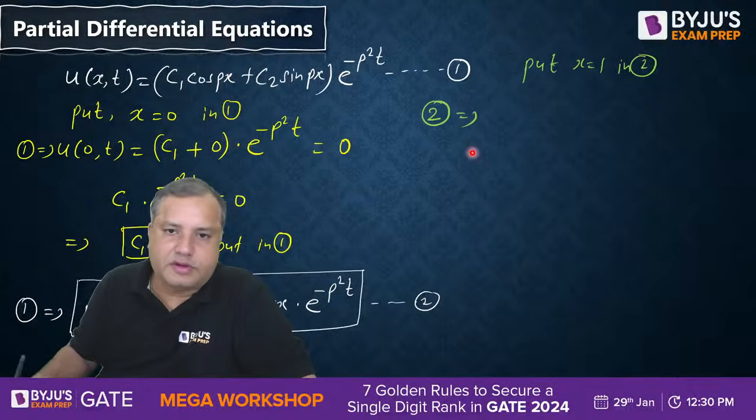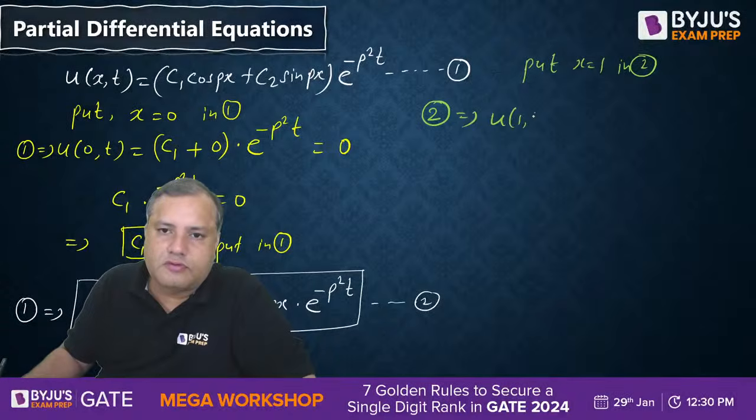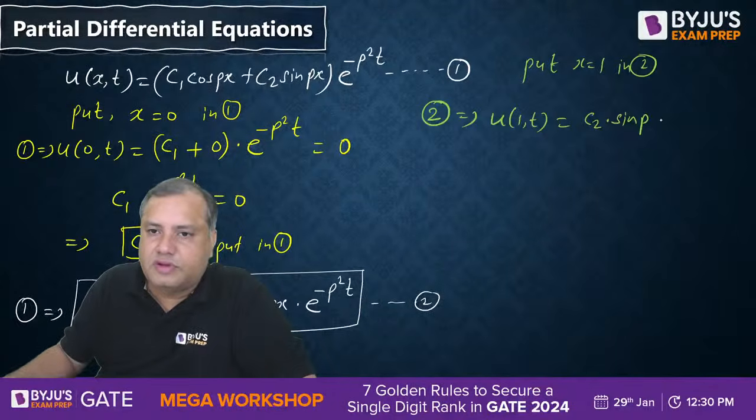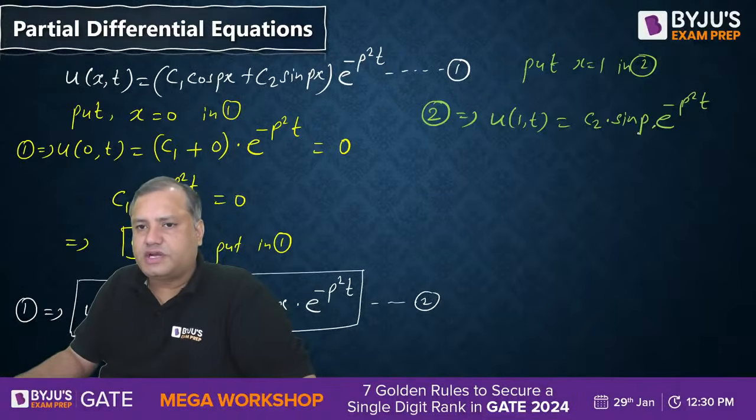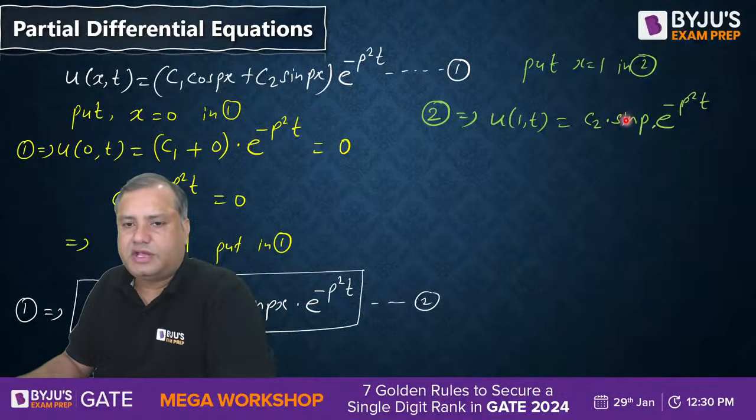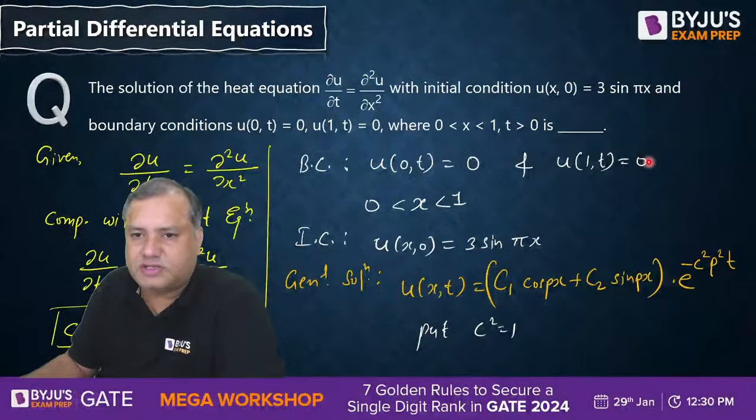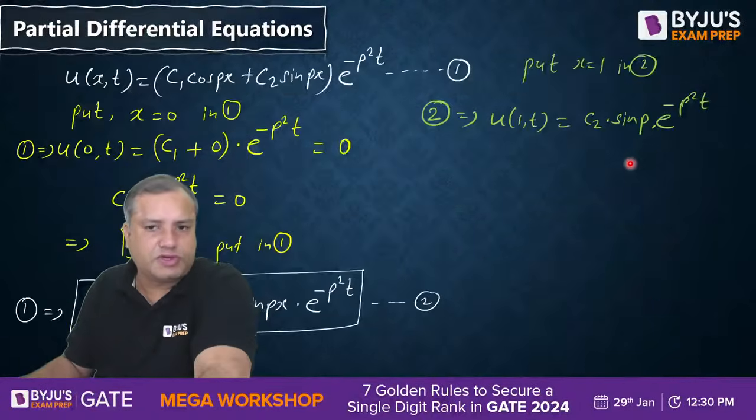So u of 1 comma t is C2 sin p e to the power minus p square t. Now students, this quantity after putting x equal to 1 is also 0. This boundary condition is also 0.